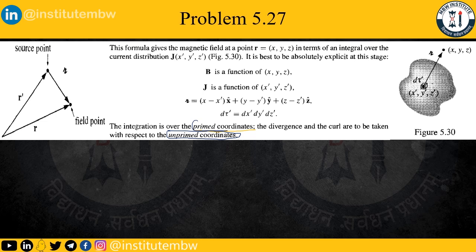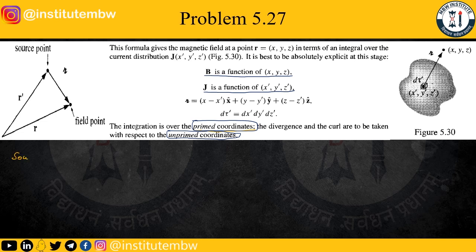These are unprimed and this is primed. B is a function of x, y, z, meaning unprimed, and J is a function of x dash, y dash, z dash, meaning primed. So B is a function of the unprimed coordinate system and J is a function of the primed coordinate system.